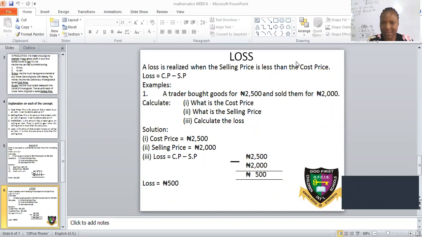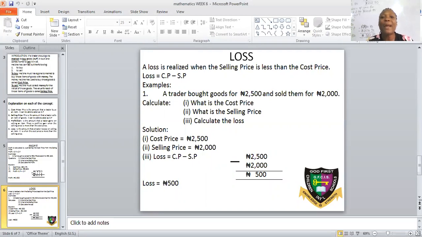That is loss. And the formula for loss is loss equal to cost price minus selling price.